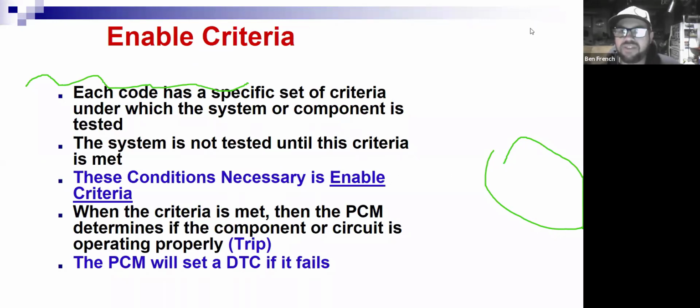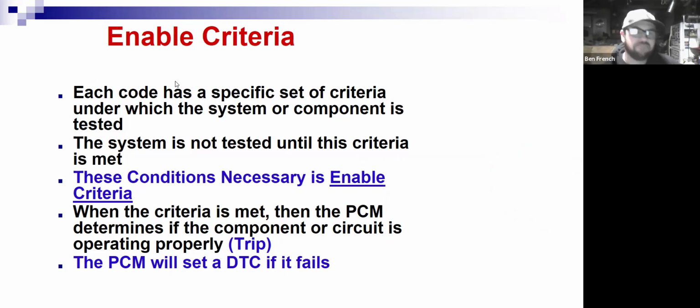A couple of things we talked about early on in our class that I still think are very important, and that not enough people really understand, are these definitions: enable criteria. With OBD1, you didn't really have enable criteria, but with OBD2 you had these things called monitors, and they had to see a specific set of necessary conditions to get the computer to test itself.